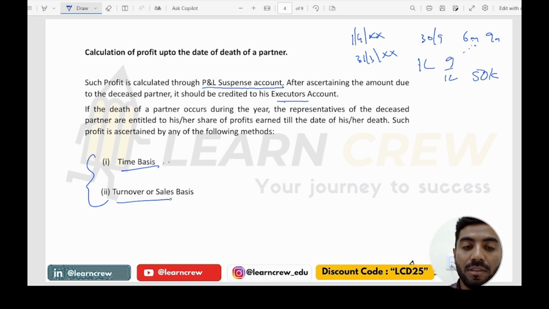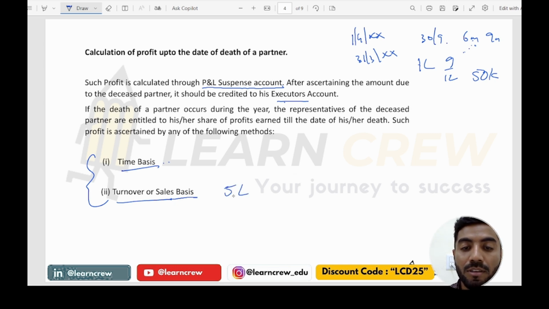Turnover or sales basis. Whenever we find the profit based on turnover or sales, we assume the sales are even throughout the year. For example, the sales made till the 9 months period is, say, 5 lakhs turnover.